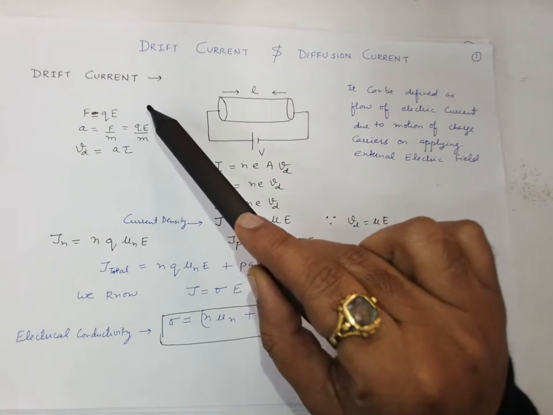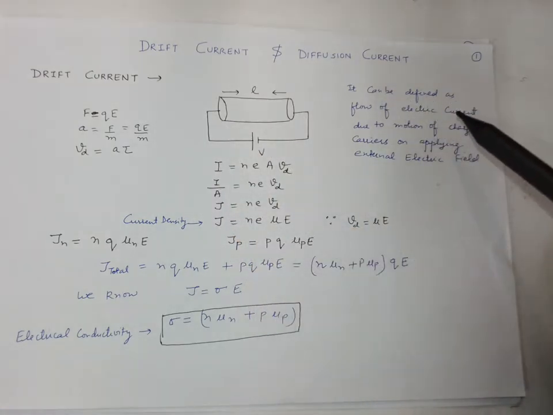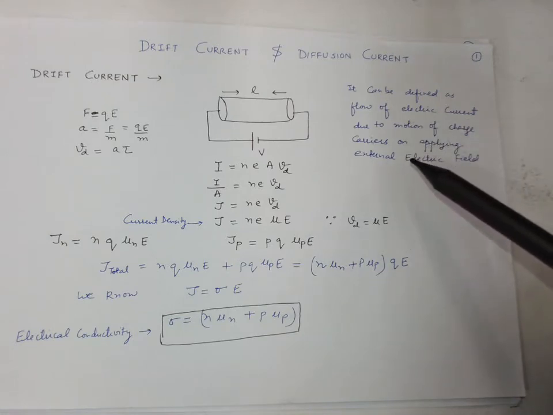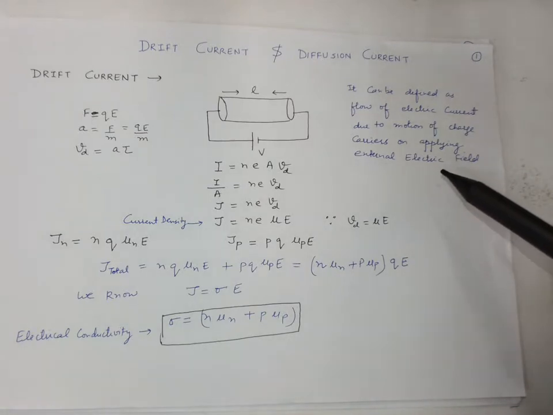What is drift current? It can be defined as the flow of electric current due to the motion of charge carriers on applying an external electric field.